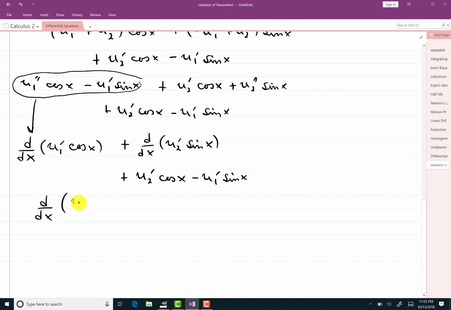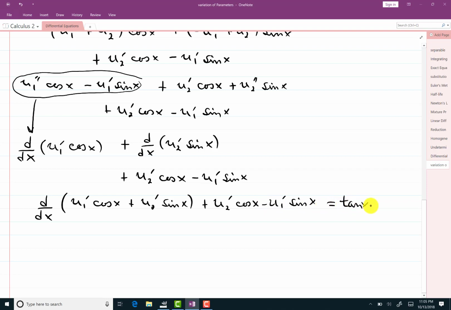So you get u1 prime cosine of x plus u2 prime sine of x. And then I got this stuff plus u2 prime cosine of x minus u1 prime sine of x. And remember, all this stuff was supposed to turn out to be equal to tangent of x.